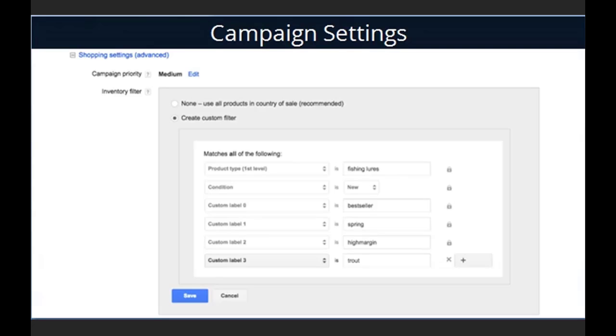We can use multiple filters with AND conditions to filter products on multiple attributes. Inventory filter is useful for both standalone brands as well as marketplaces. Individual brands can use it for category or brand filtering, whereas marketplaces can use it for custom filtering on profit margins made or focus products to be promoted.